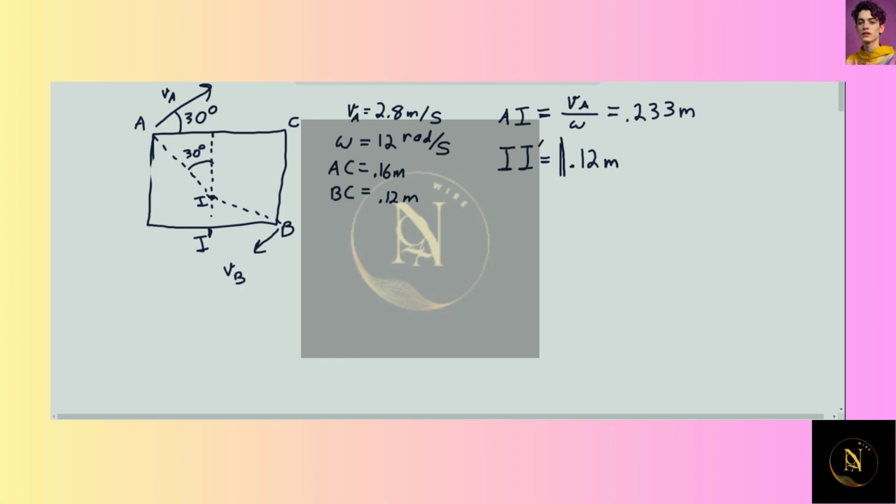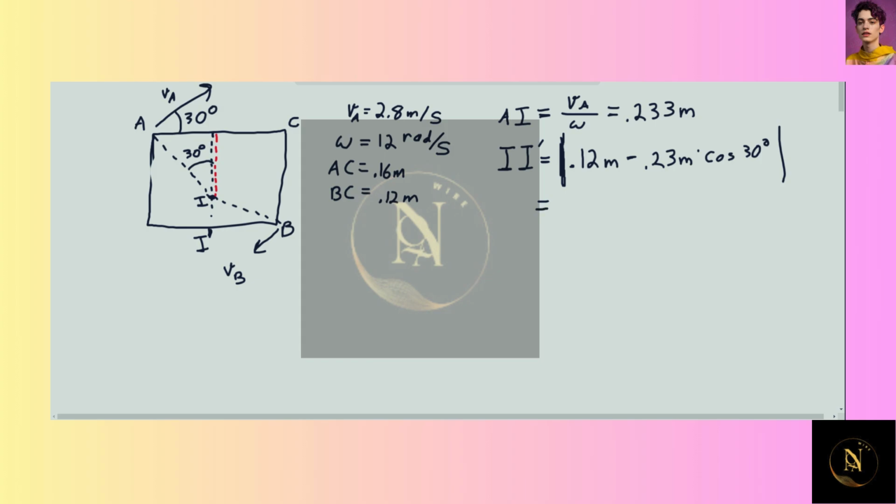Let me make this absolute value sign a little bit larger so it doesn't look like a 1. And then minus that distance AI, which we found was 0.23 meters, times the cosine of 30 degrees. That's just finding the vertical component, which I'll highlight here in red. So that distance right there.